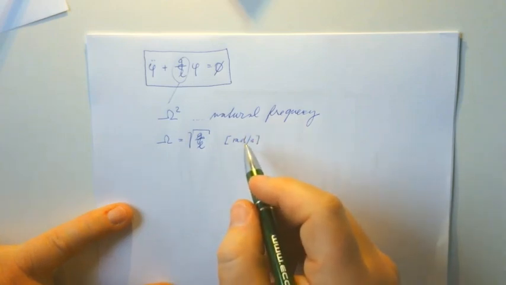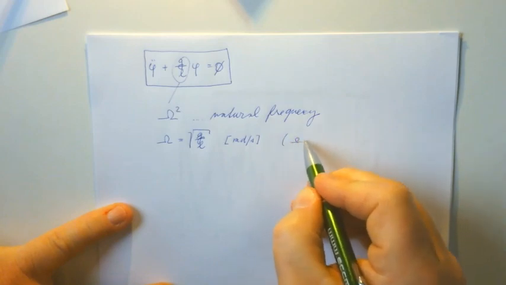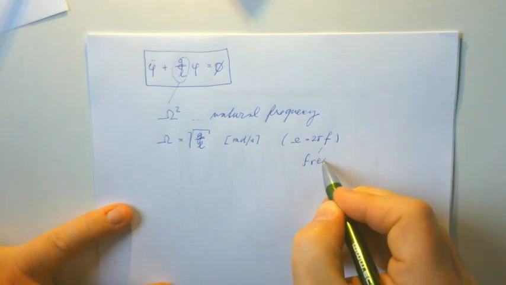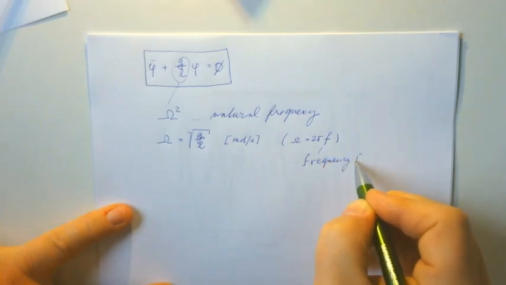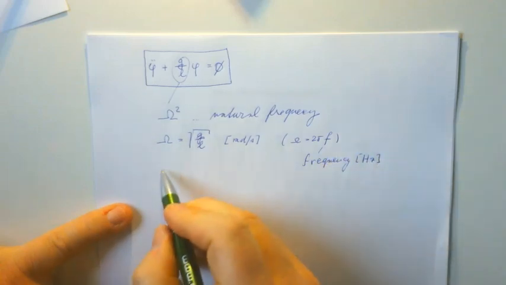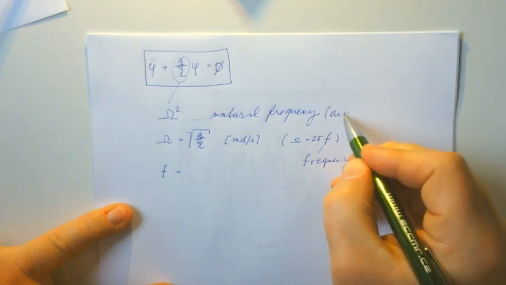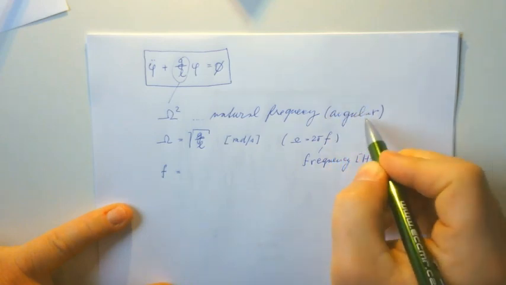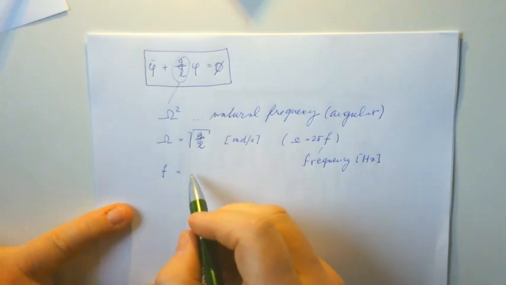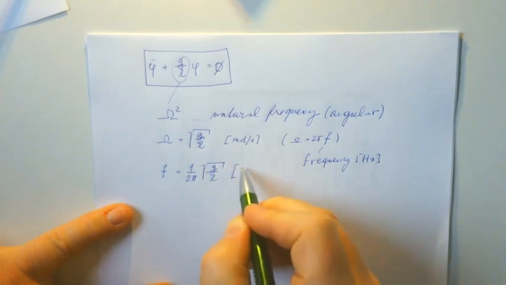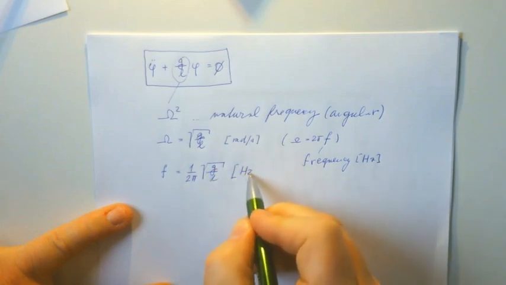So if we use that omega is 2 pi f, where f is the frequency in hertz, we can say that this is in fact the angular natural frequency, and this is the natural frequency: 1 over 2 pi times square root of g over L, and it is in 1 over second, which is hertz.